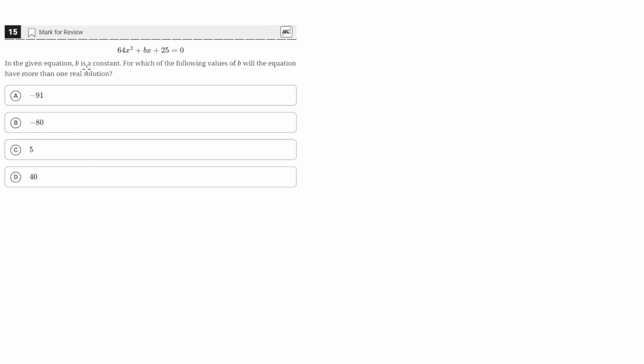In the given equation, b is a constant. For which of the following values of b will the equation have more than one real solution? So to see how many solutions a quadratic has, we can calculate the discriminant, which is equal to b squared minus 4ac, where b is the coefficient of the x term, which is coincidentally also b here.